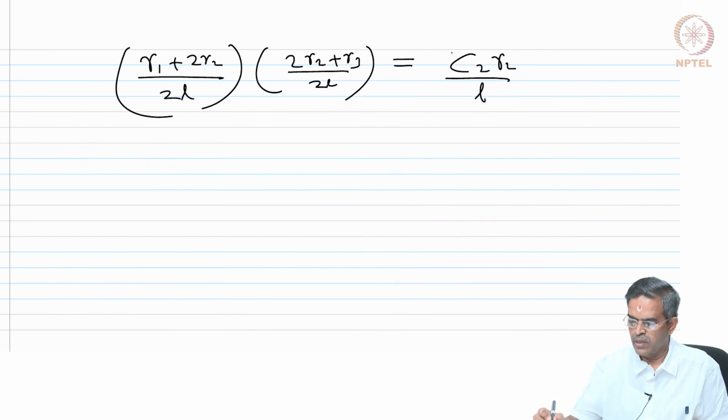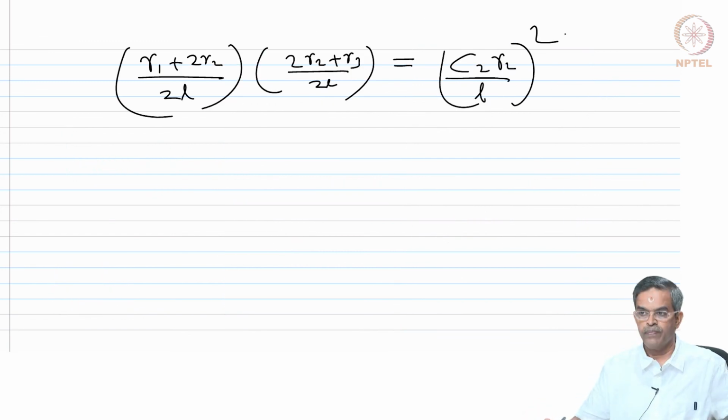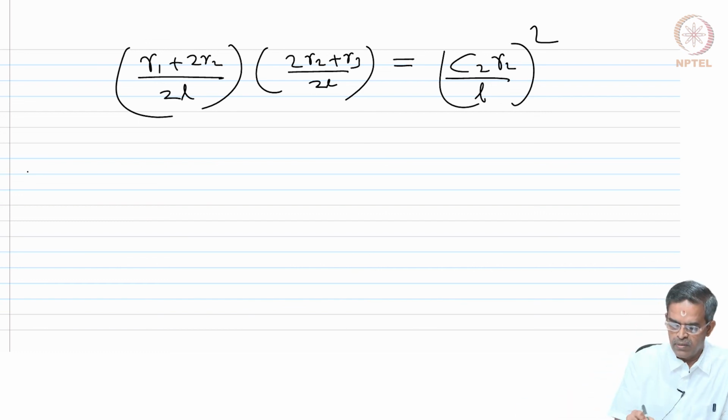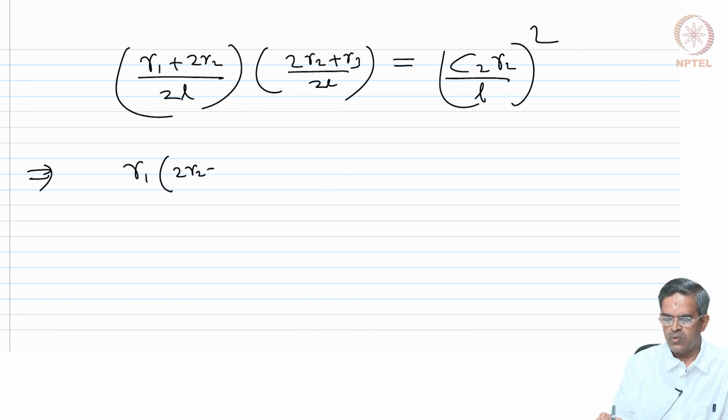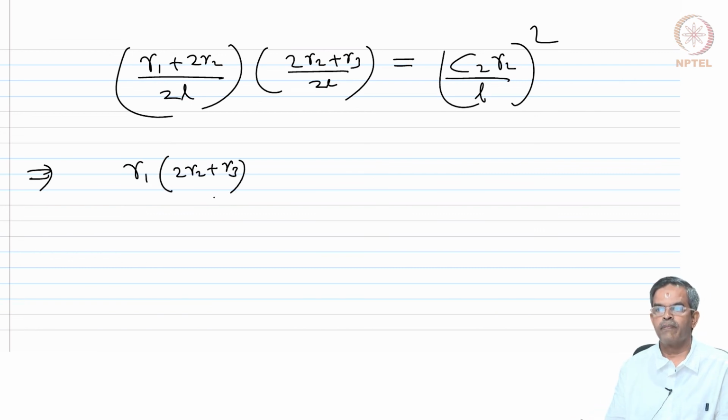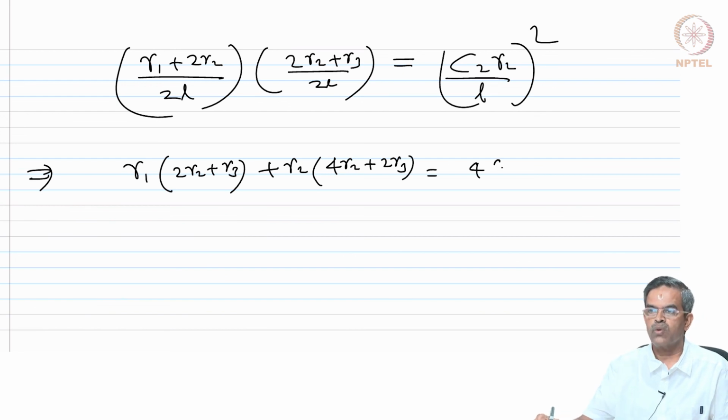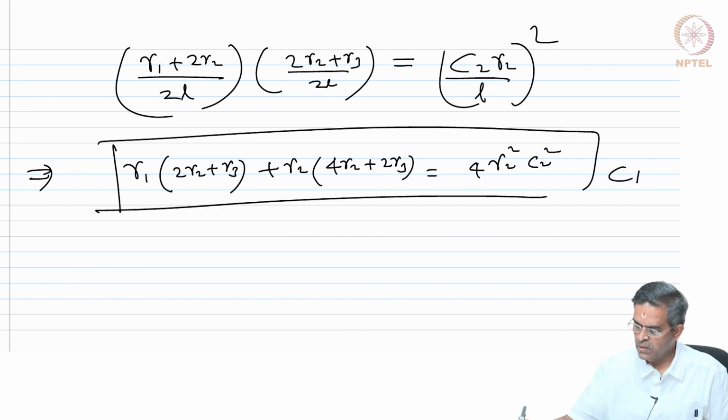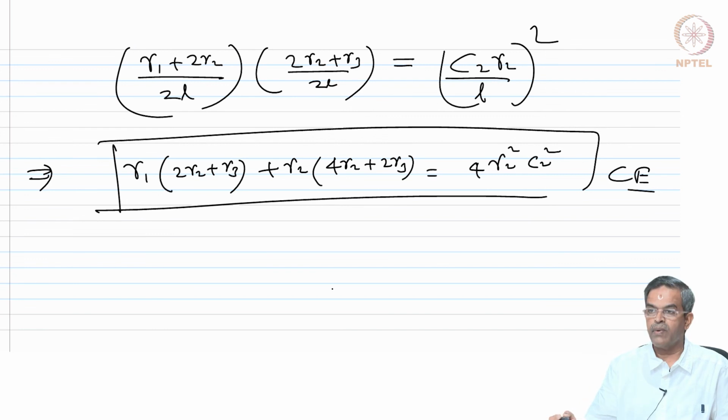So, this gives rise to the characteristic equation which will be R1 times 2R2 plus R3 plus R2 times 4R2 plus 2R3 should be equal to 4R2 square C2 square. That is my characteristic equation which I will use in MATLAB now.